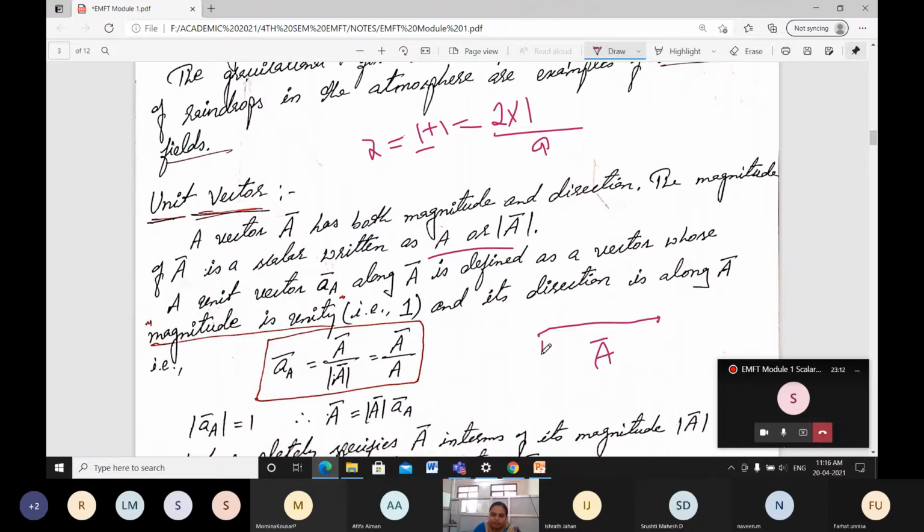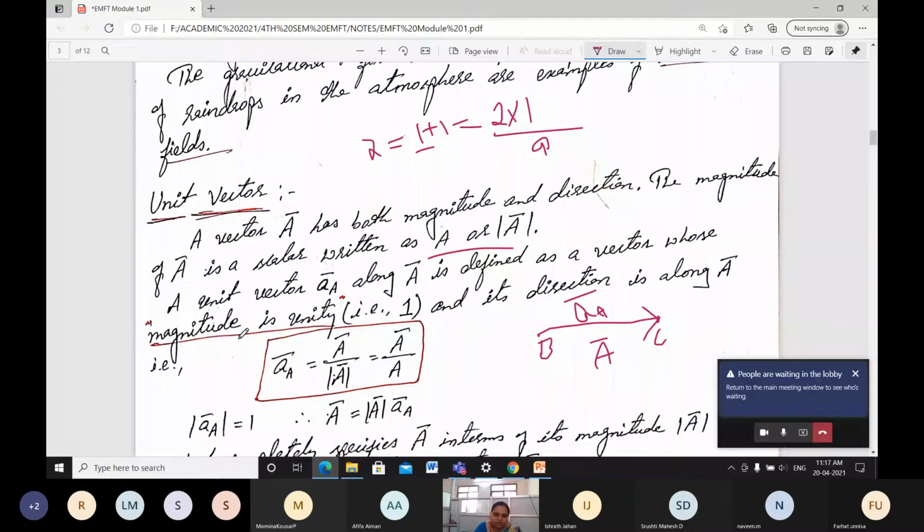Take these as points B and C. This direction is towards C. This is your vector A. For this, I again represent a unit vector as capital A bar along this direction, defined as a vector whose magnitude is unity, that is 1, and its direction is along a bar.